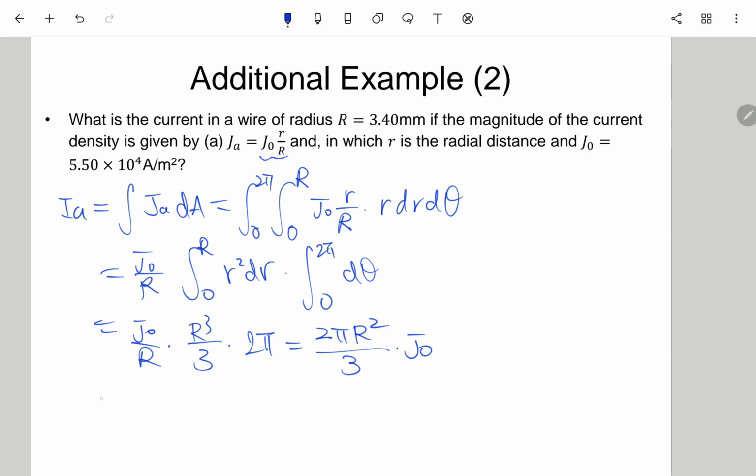Okay, so now we can plug in the numbers: 2 pi over 3, and then times R, which is 3.4 times 10 to the negative third power, quantity squared, times 5.5 times 10 to the fourth power. So this is 1.338.